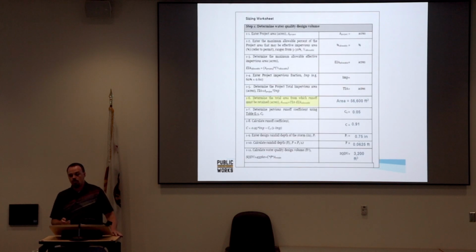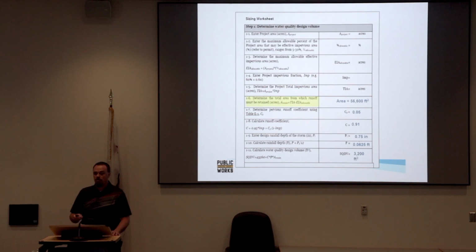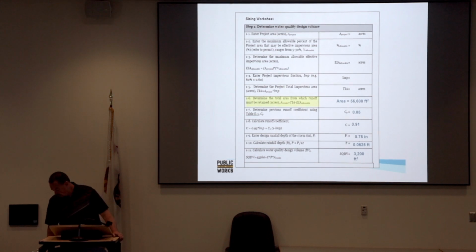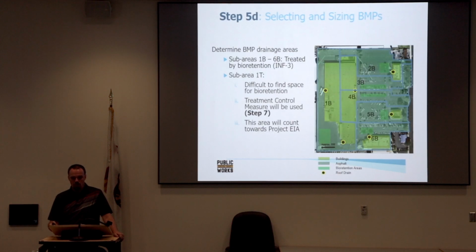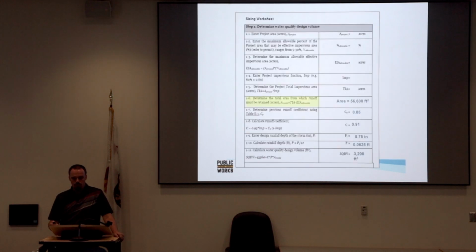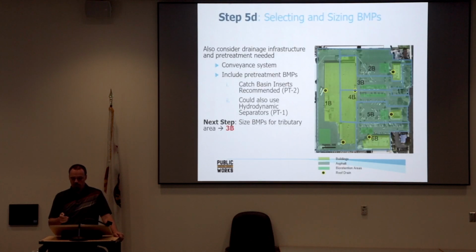So this is moving to the worksheets within the appendix of the technical guidance manual. Here you can see we took the 56,600 square feet, which is the 1.3 acres for, I think it was drainage area 1, maybe 2B. Let's see here. 3B, sorry, I noted it on that slide at the bottom.